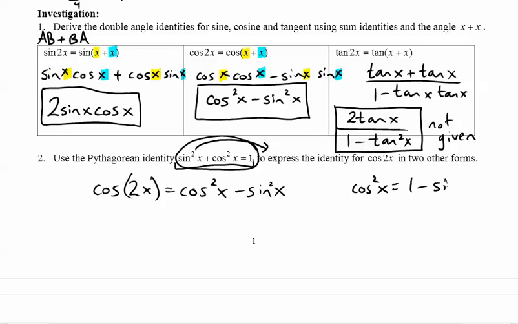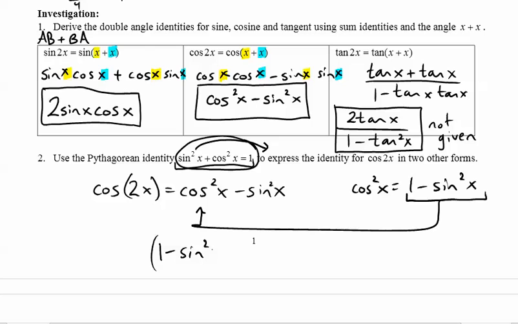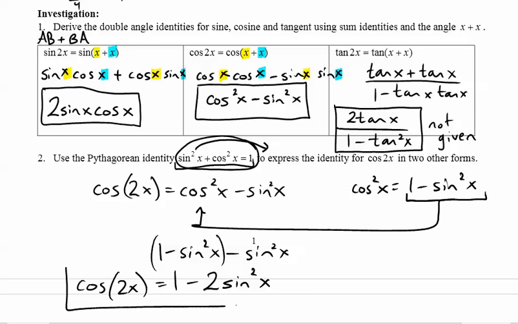So you get 1 minus sine squared x. And let's just take that thing and put it into the equation instead of cosine squared. So we'll have 1 minus sine squared minus sine squared. So that's the same as 1 minus 2 sine squared x. So there's another formula for cos 2x.